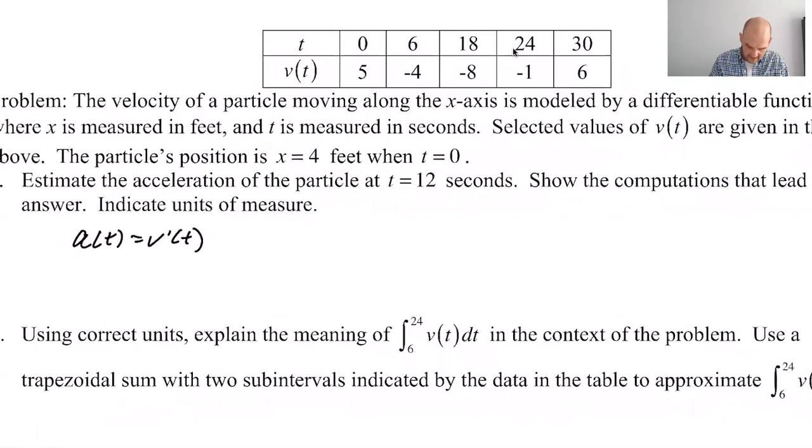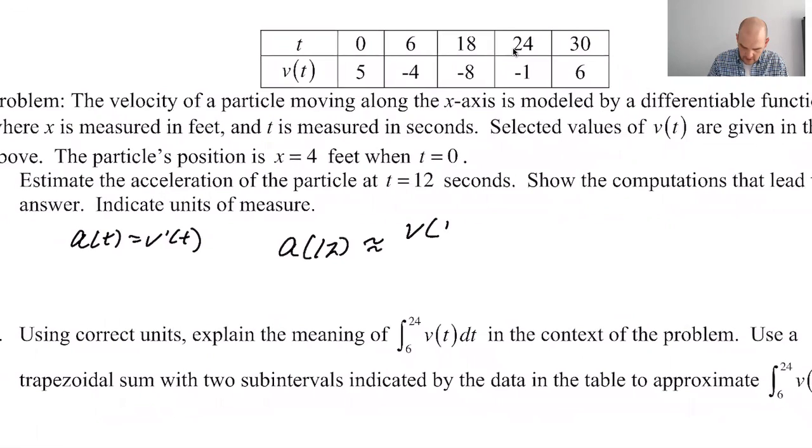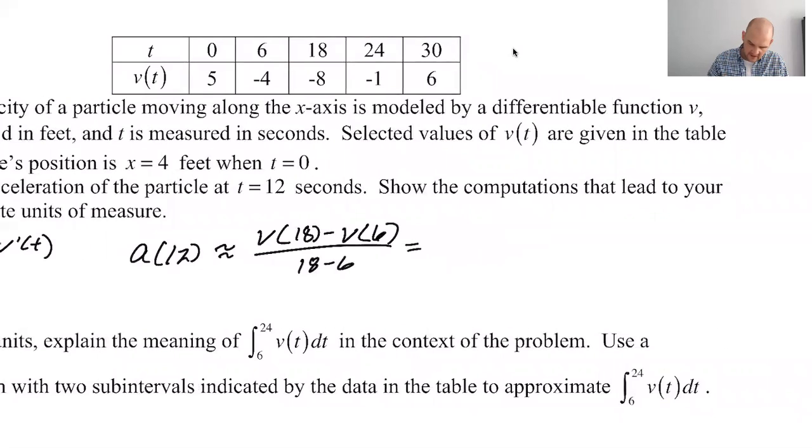Then a of 12 is approximately, 12 is in between 18 and 6, so v of 18 minus v of 6 over 18 minus 6, which equals negative 8 minus negative 4 over 12. Negative 8 plus 4, negative 4 over 12, negative 1/3.